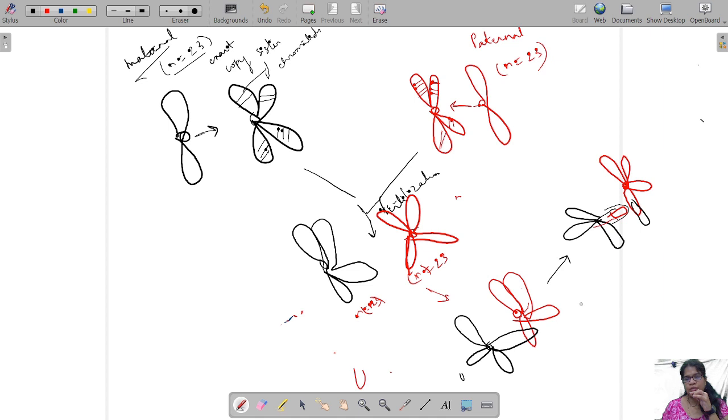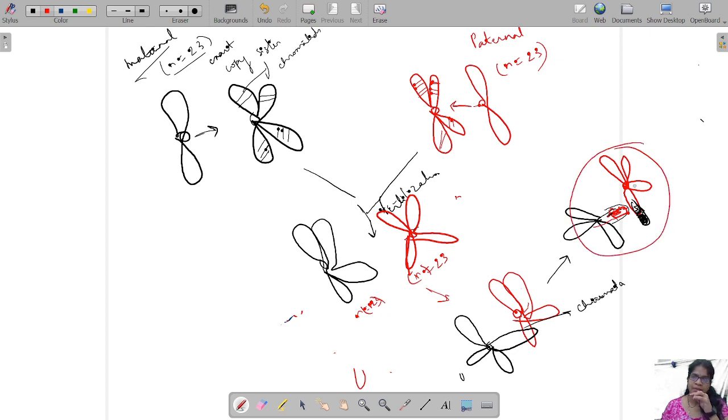So you can see it's a crossing over, and this part is called chiasmata. Once the chiasmata moves from the centromere towards the telomere, this crossing over happens, and you will get the exchange happening. Some of the genes present on the paternal chromosome are transferred, and this is how you will get a homologous pair.